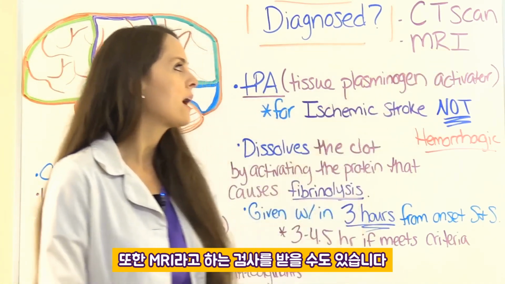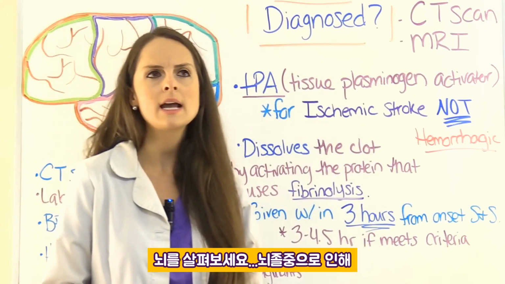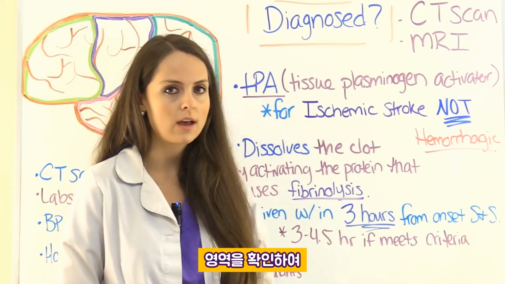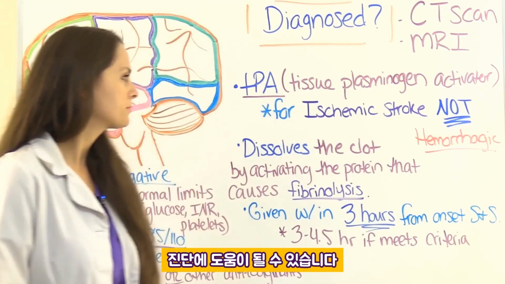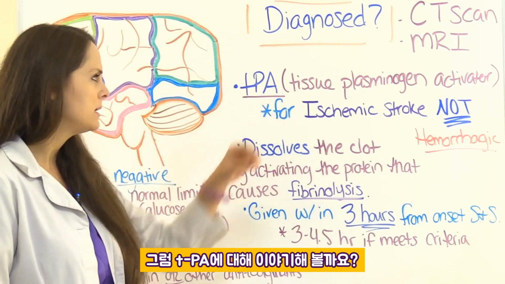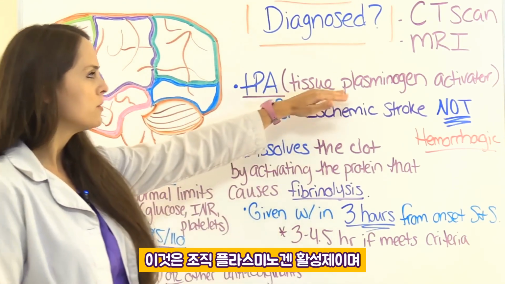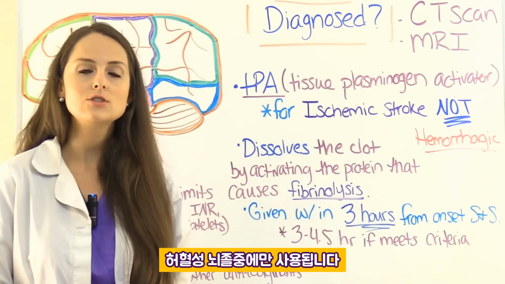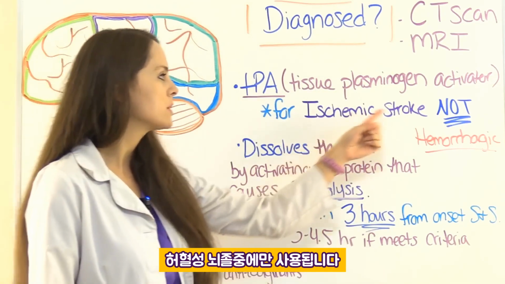Also, they can have what's called an MRI, look at the brain, see what lobes and areas of the brain have been affected by the stroke. That can help with diagnosing it. So let's talk about tPA. This is tissue plasminogen activator, and this is used only for ischemic strokes.